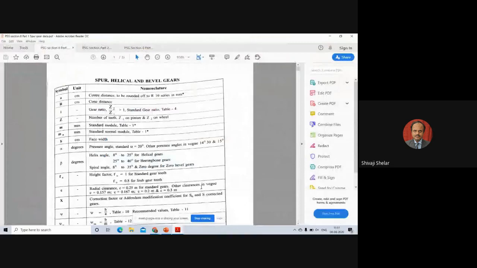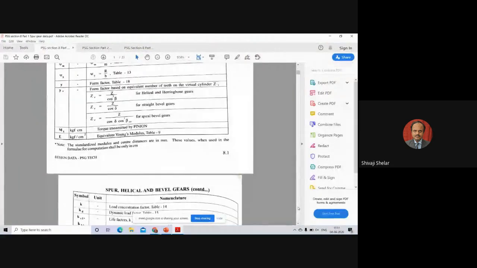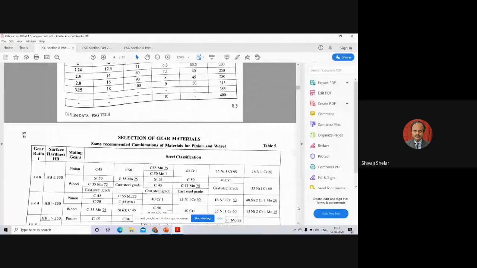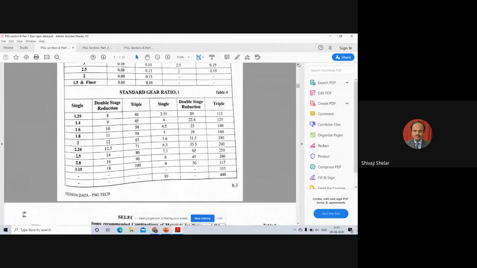Page number 8.3. This is your page number 8.3 here above. There are standard gear ratios. If you look at the standard gear ratios, there are single stage ratio, two stage reduction, and three stage reduction.